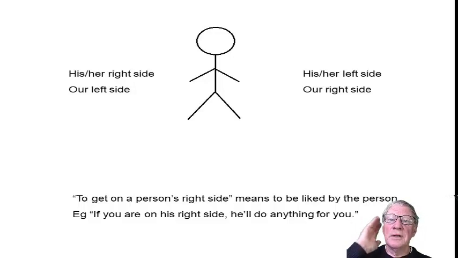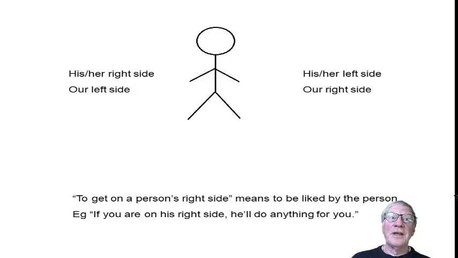At the moment, I'm touching my right ear, but you can see this on the left, but it's my right. So his or her left side is our right side. I'm touching my left ear, and that's your right side.